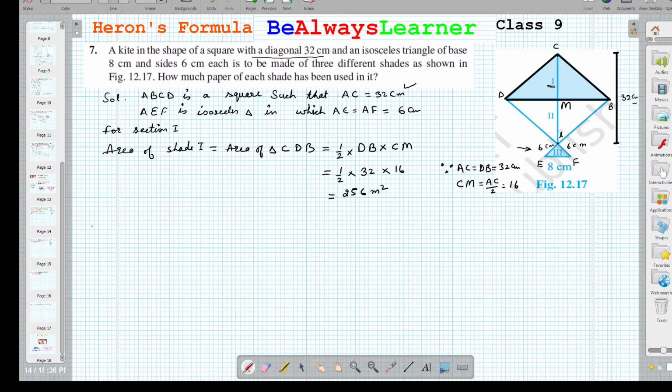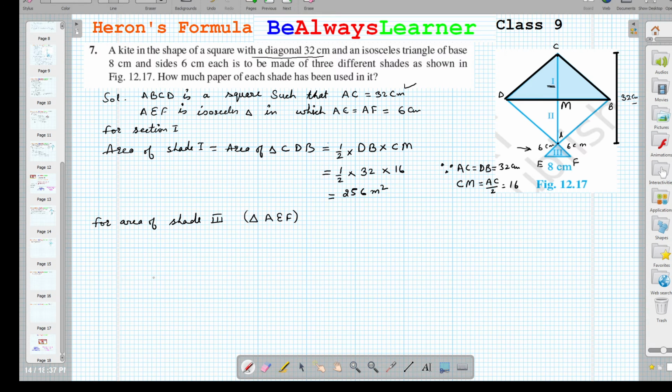Now for the third shade, area of shade third, how we can go for that is the triangle A, E and F. इस triangle का हम area find out करेंगे.